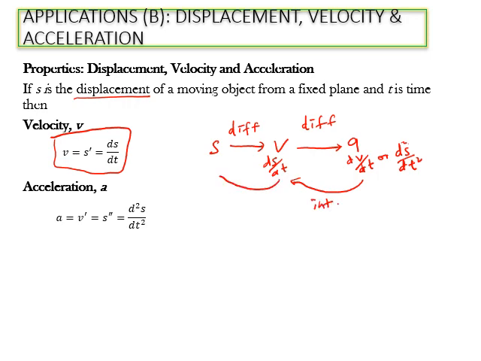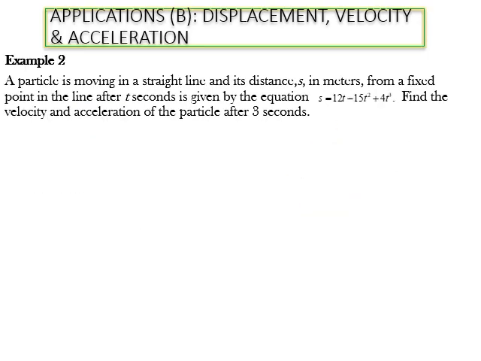Same thing here, we need to integrate. So that's the connection between displacement, velocity, and acceleration. If you have displacement s, you differentiate one time, you get v, the velocity. Differentiate v, you get a. Okay, that's it. Now let's take a look at an example.